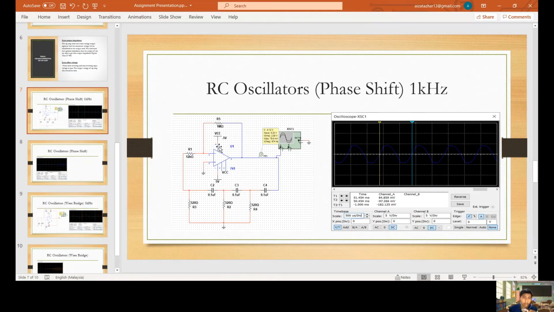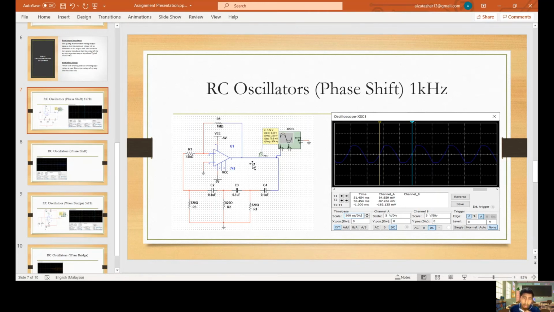We also know that the RC phase shift oscillator only displays low frequency, and based on the circuit, the RC stage provides 180 degrees, and the output of the amplifier also provides a 180 degree shift.